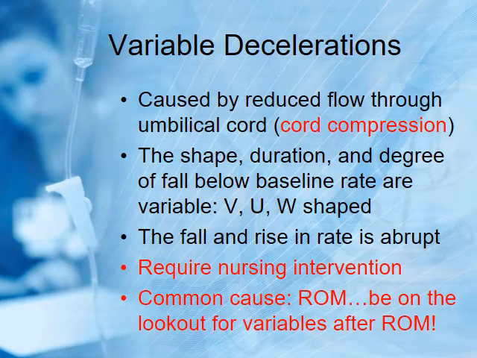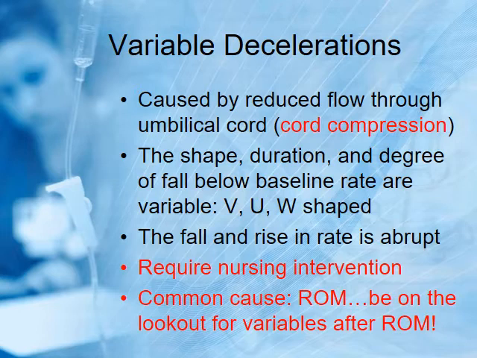The third type of deceleration we're going to talk about are variable decelerations, and these are a direct cause of cord compression. Think of a kinked cord, you're going to get a deceleration, all right? Because if the cord kinks, the blood flow immediately decreases. It's not slow like late decelerations. It immediately stops. Think of the water hose.